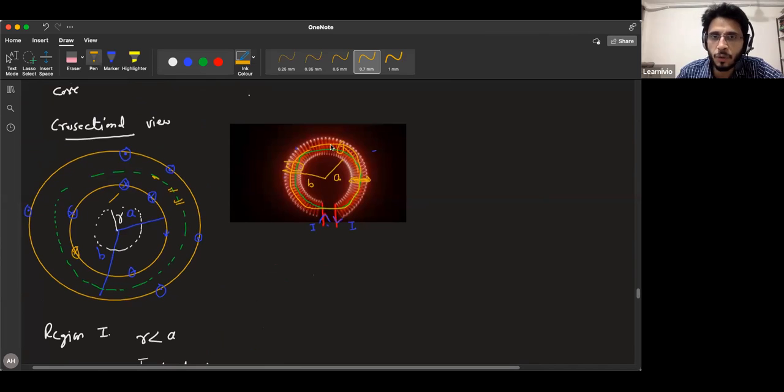You need this whole circle. Average means somewhere in between. If the inner radius is 2 and the outer radius is 4, then the average radius is 3. Then you will get this length.